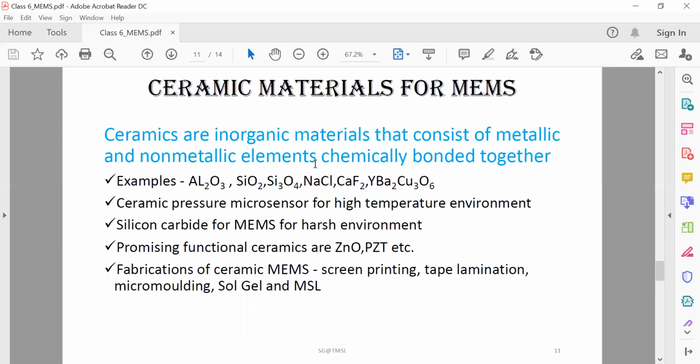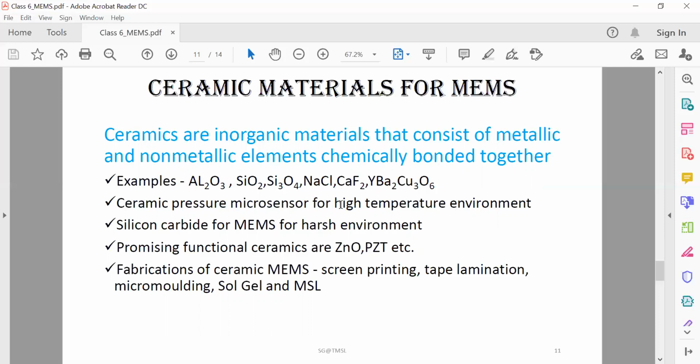That is the definition of ceramics. The ceramic materials used in MEMS are aluminum oxide, silicon dioxide, silicon nitride, sodium chloride, calcium fluoride, and YBa2Cu3O6, a new ceramic material we have studied in MEMS devices.